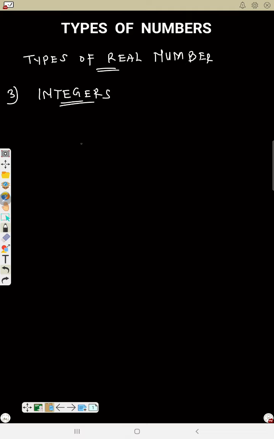Since we know natural numbers are 1, 2, 3, the negatives of these natural numbers are -1, -2, -3.